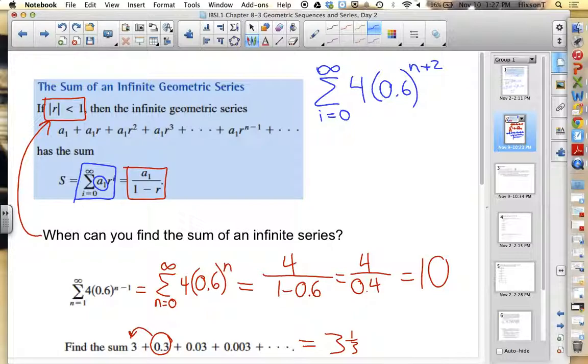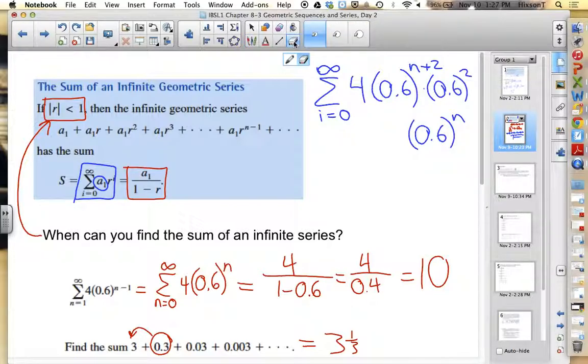Probably the best way would be, we want it to be 0.6 to the n power. So that means we have 0.6 to the n times 0.6 squared. So 0.6 squared times the 4, and then you put that in front.